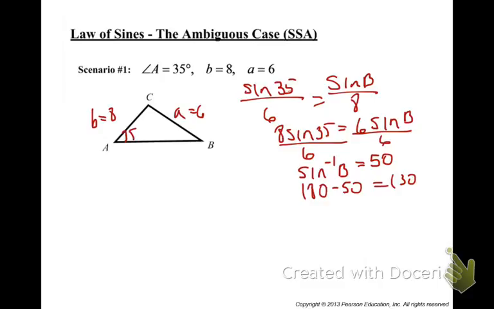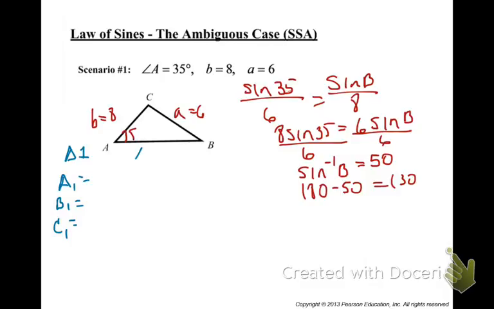Okay, now, here's what we're going to do. We're going to check the possibility of having one triangle, two triangles, or none. So we're going to come back over here and we're going to set them up with the information that we already know. So I'm going to have triangle 1, so I'm going to have angle A1, angle B1, and angle C1. So this is triangle 1.